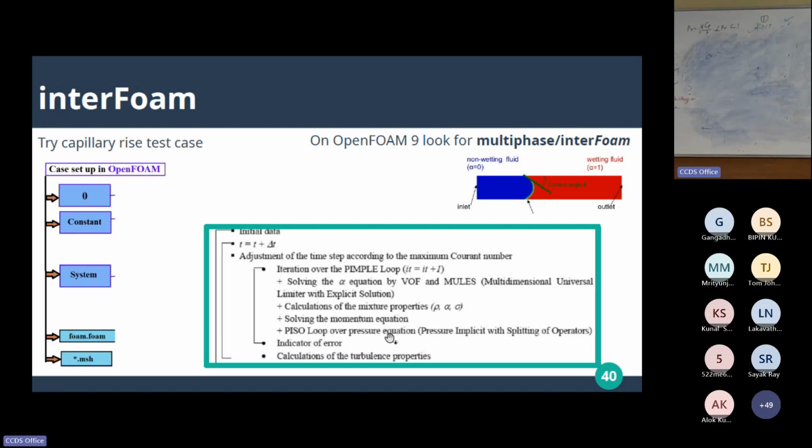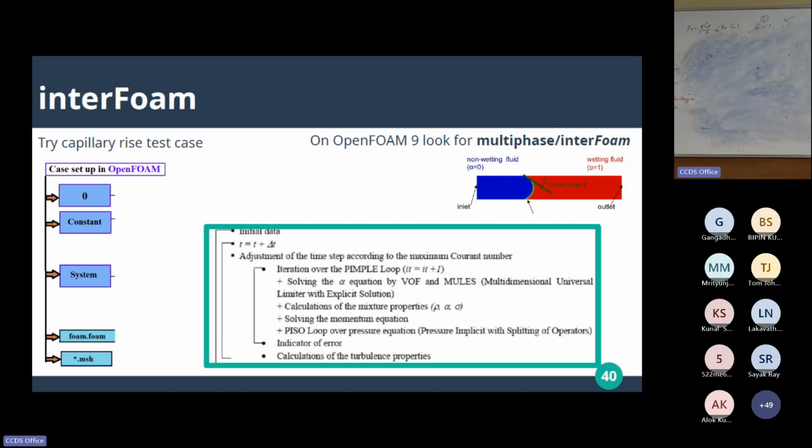Once you solve that momentum equation, you go to maintain the incompressibility equation or mass conservation. So you use your projection technique via the PISO loop, pressure implicit kind of thing. Once you solve that, you find out the errors, go back, increase the time, again advect the alpha equation, come back, repeat that. That is the way the typical interFoam works.